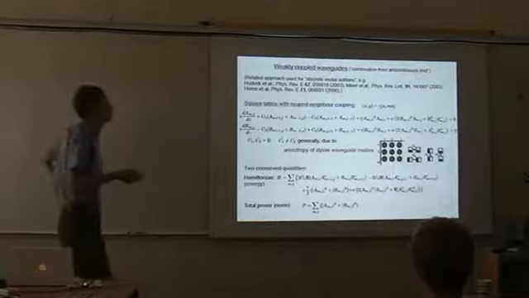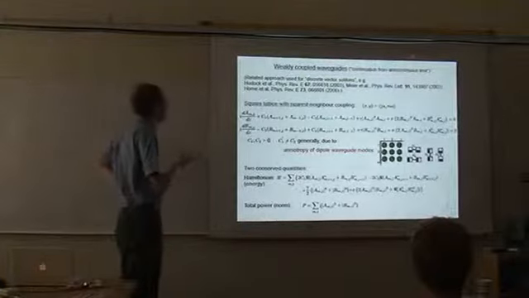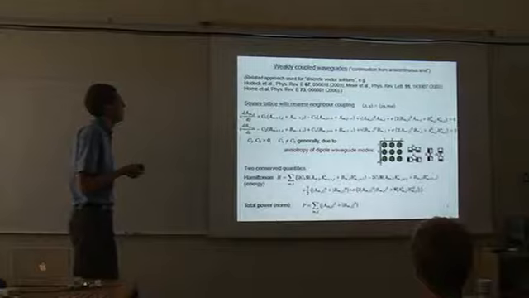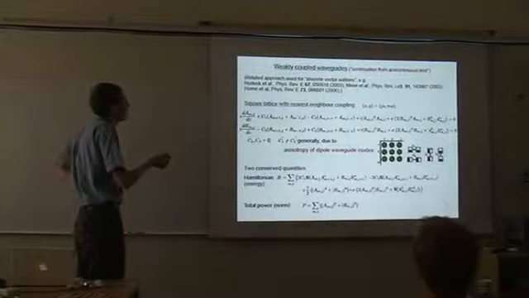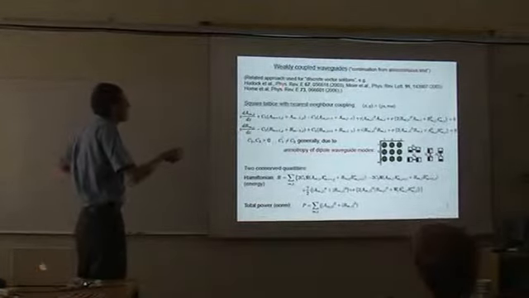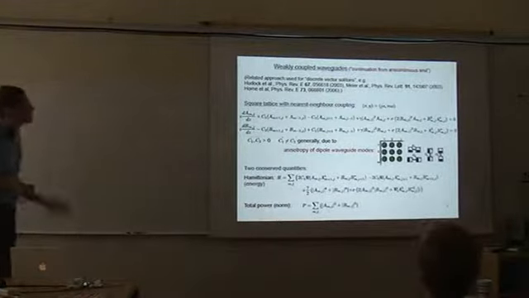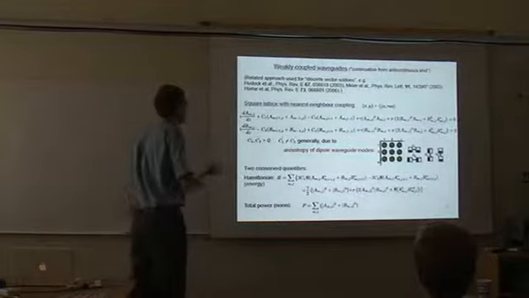Now let's see what happens if you go away. You do what you call a continuation from the anti-continuous limit. So you look at waveguides that are weakly coupled. There are similar but different systems called discrete vector solitons. There are some papers where people looked at similar effects, but not with this kind of degenerate dipole modes.